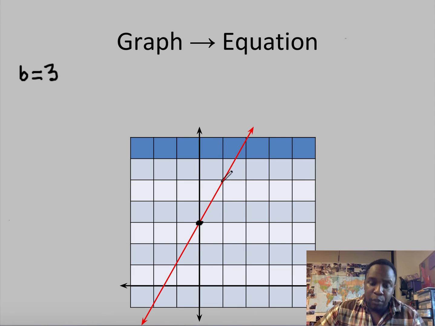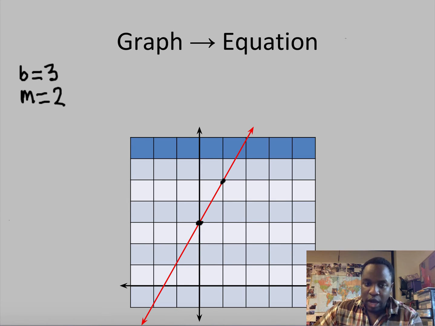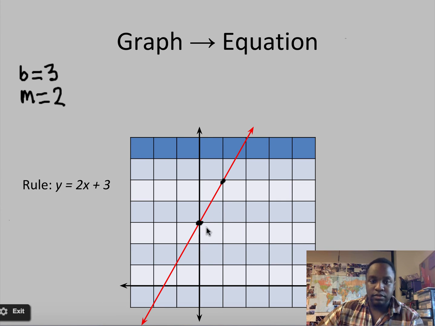We know that this is a point on the line, and so we go up 2 over 1. So that means the slope would be 2. Therefore, we can write the equation y equals 2x plus 3, because the slope is 2 and the y-intercept is 3.